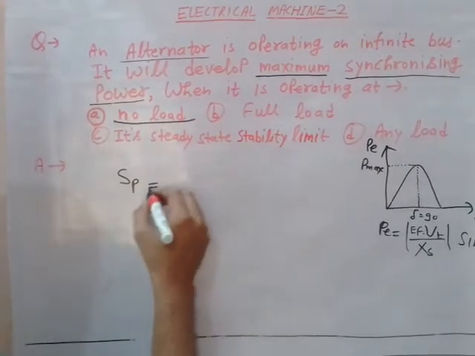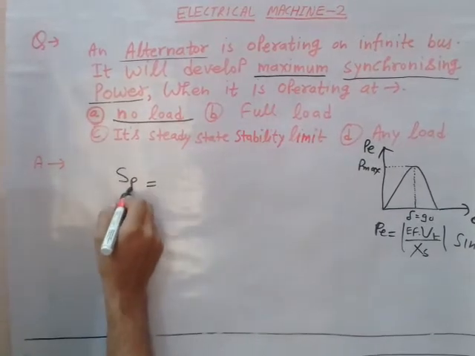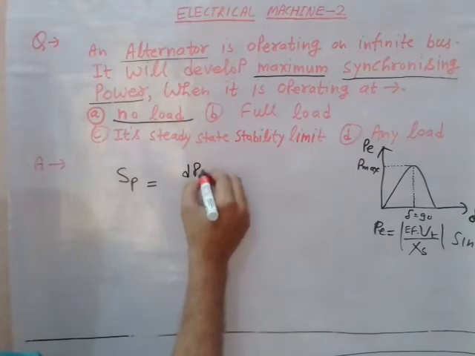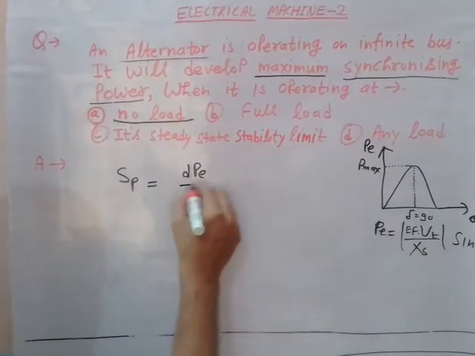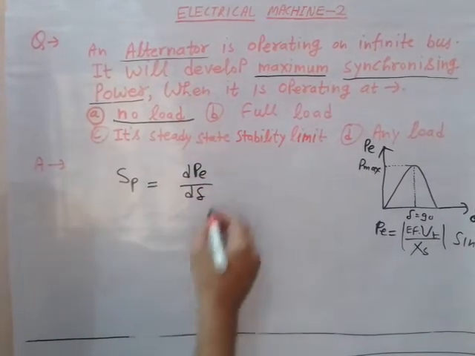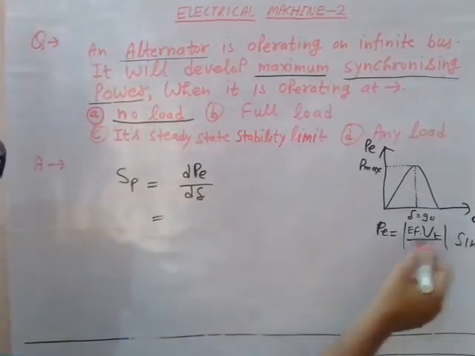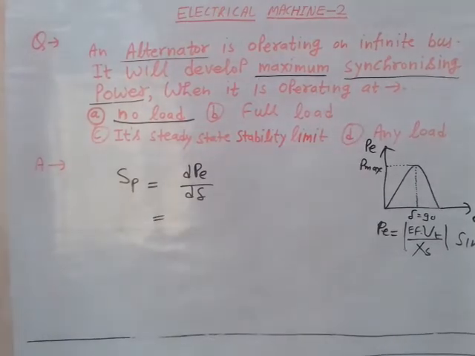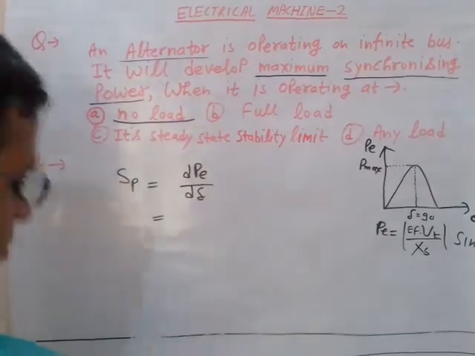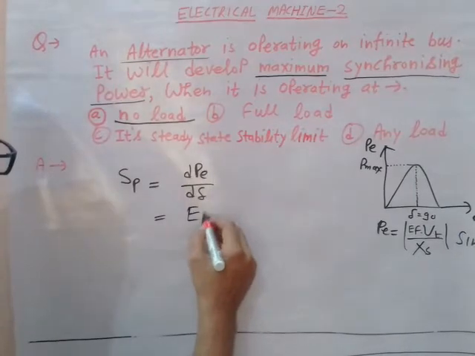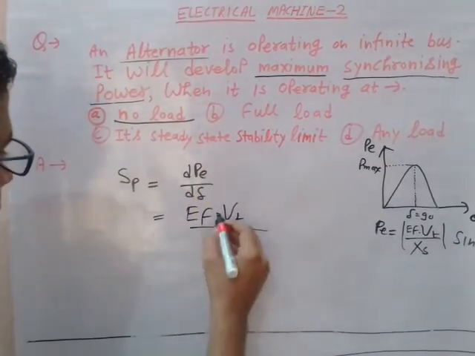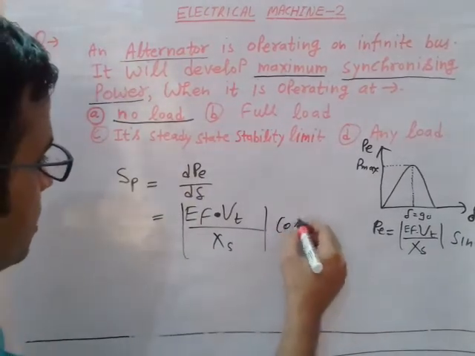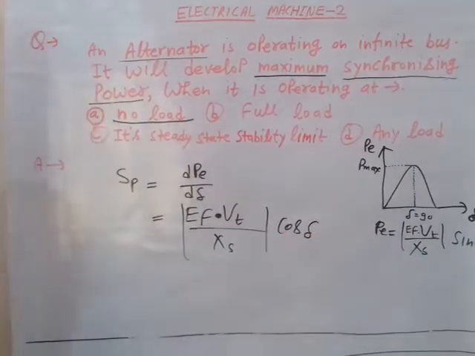Let me denote it by synchronizing power coefficient SP, given by dPe by d delta. When you differentiate this equation with respect to delta, you will get EF into Vt by Xs into cos delta, since the differentiation of sine delta is cos delta, right?